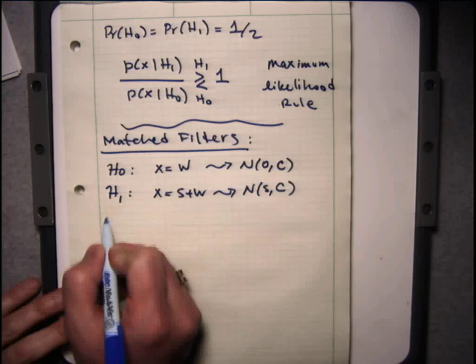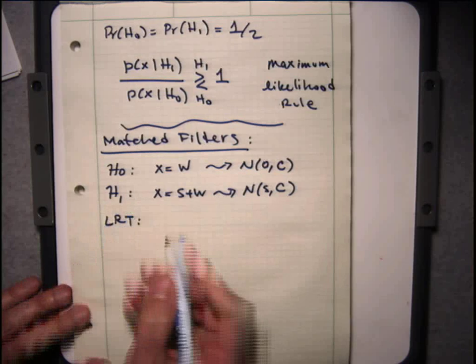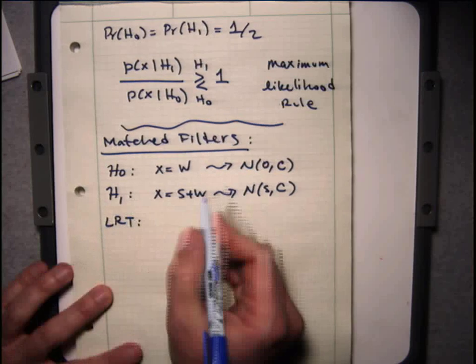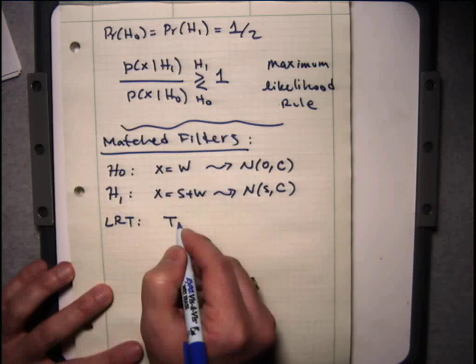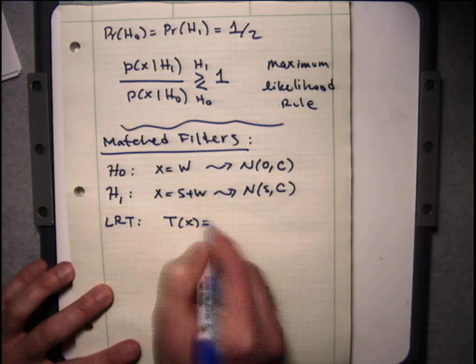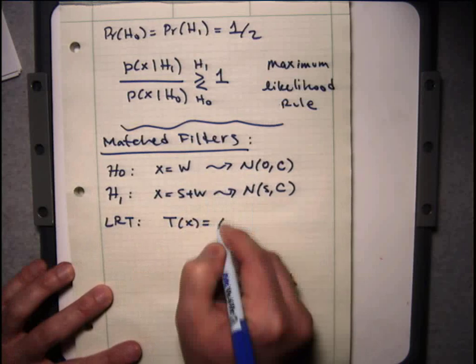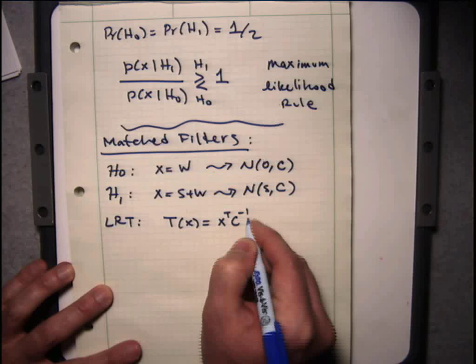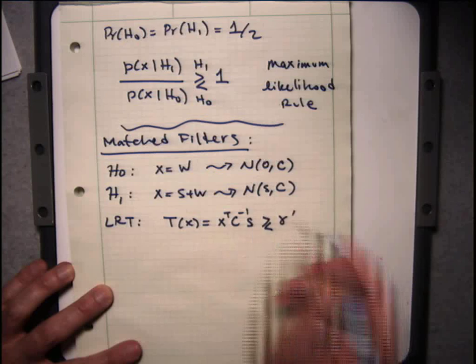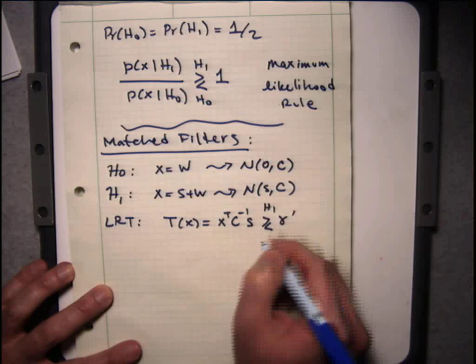And for this, when we computed the likelihood ratio test, after simplifying everything to the simplest test statistic that we could find, we saw that T of X was X transpose C inverse S compared to some threshold gamma prime. Okay?